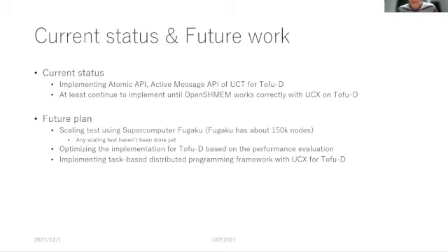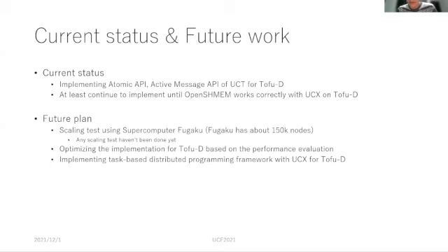For the current status, we are now implementing the Active Message API of UCT for the Tofu D network, and we will continue the implementation until OpenSHMEM works correctly with UCX on Tofu D. Our future plan is to do scaling tests using the supercomputer Fugaku, which has over 150,000 nodes, so it's a good environment to test whether UCX for Tofu D scales well or not.